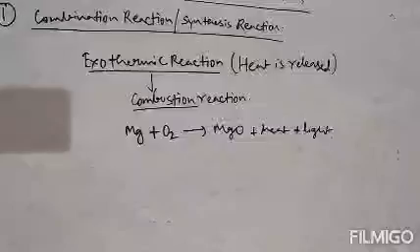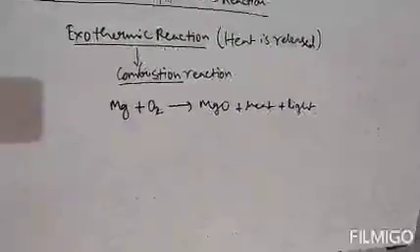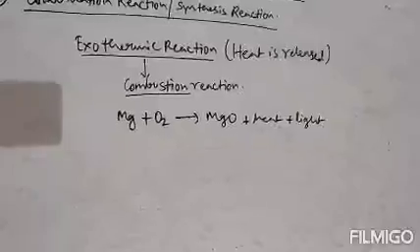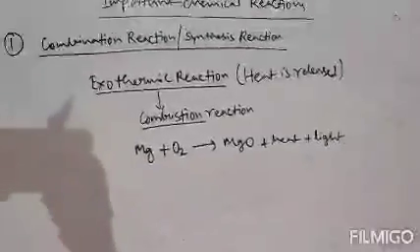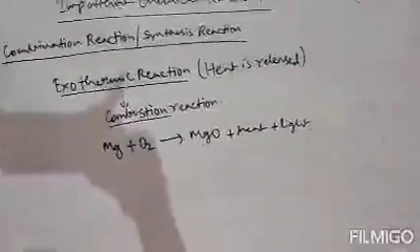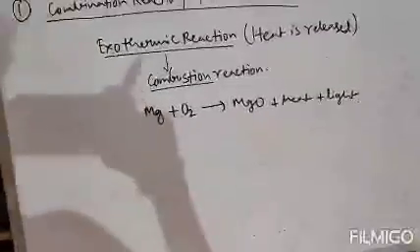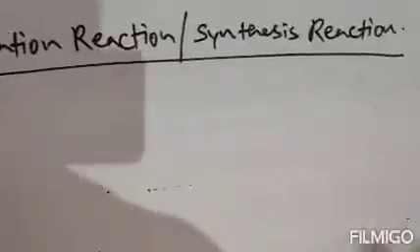That is, when magnesium ribbon is burned in oxygen, magnesium gets converted to magnesium oxide and heat is released, and in this case light is also released. So this is a case of combustion reaction or exothermic reaction where heat is released. Clear? So this type, combination or synthesis reaction, is complete.